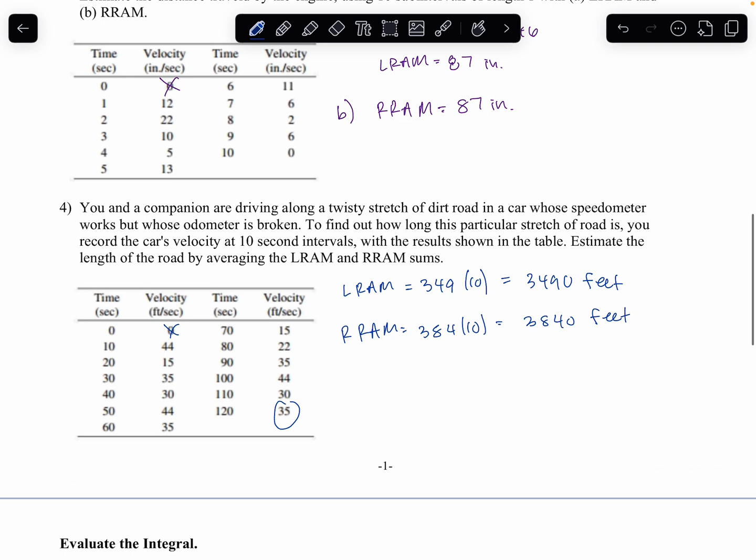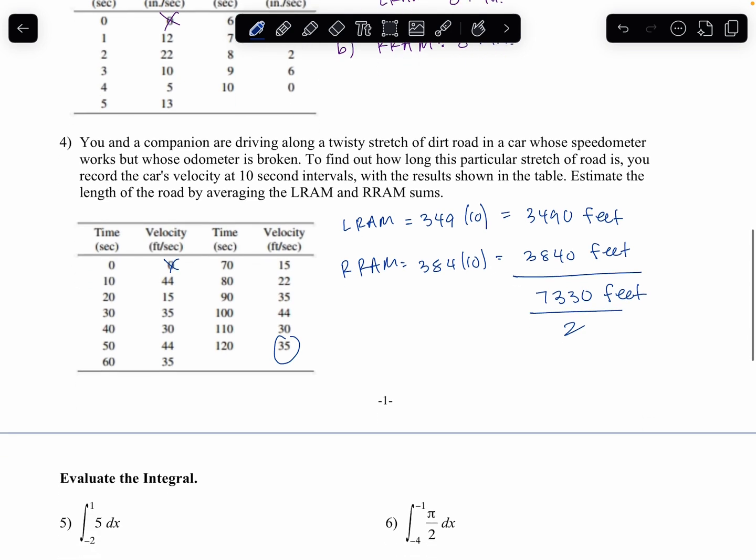So if we add those up together, so 3490 plus 3840, we're going to get 7330 feet, but we're going to divide that by 2.